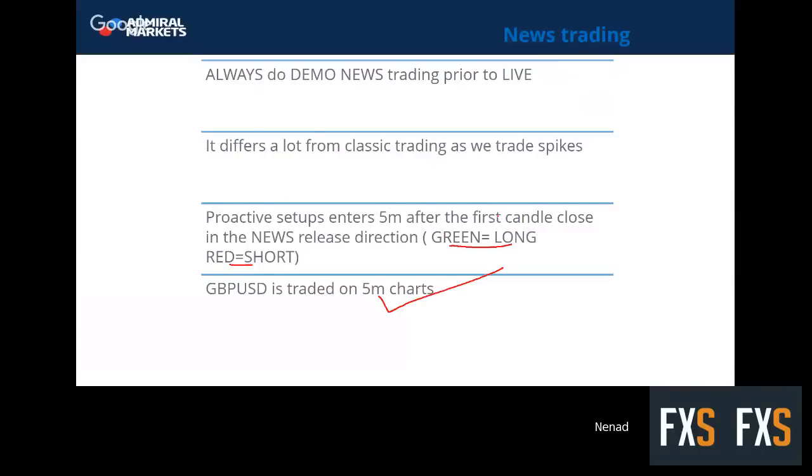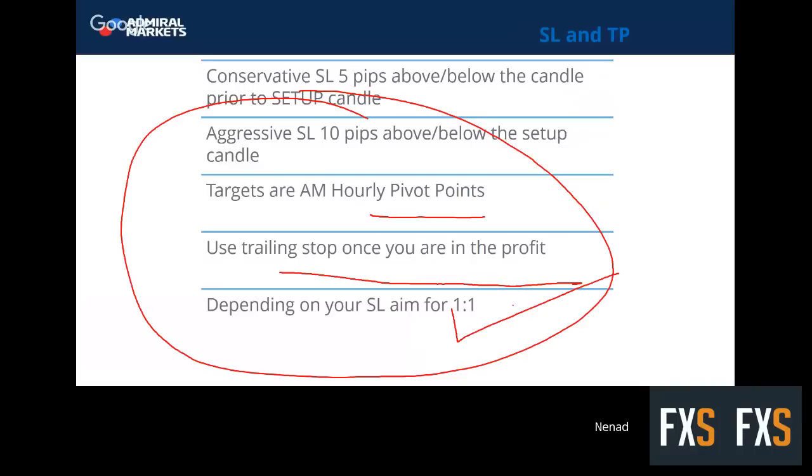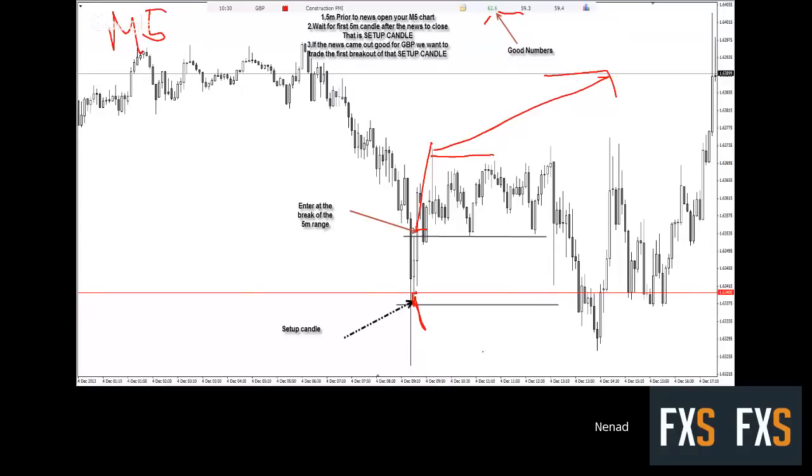Okay, stops. You have two ways to play stop loss: conservative and aggressive stop loss. Okay, let me show you in this example. If this is a setup candle, you can place your stop loss 5 pips below this candle.